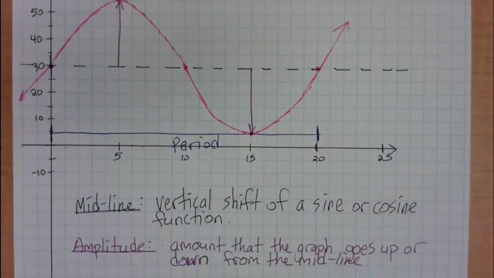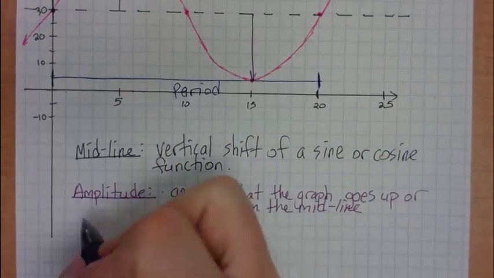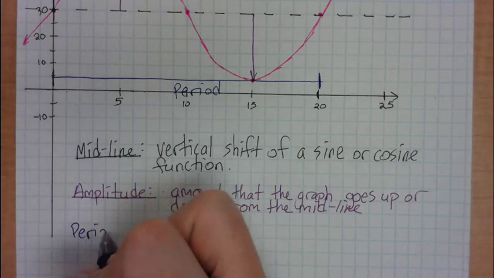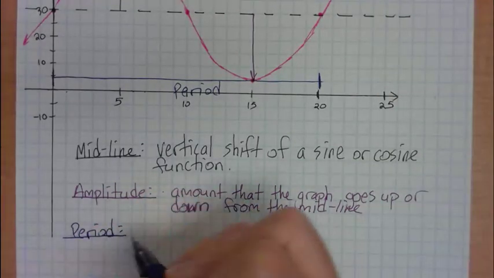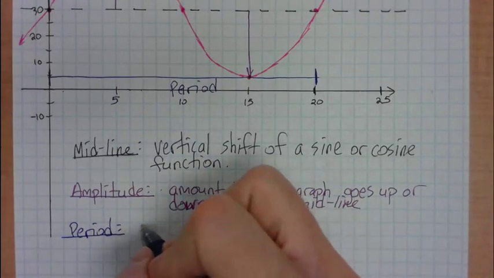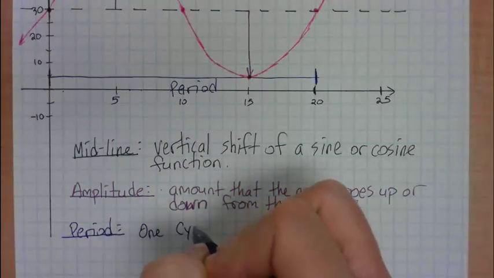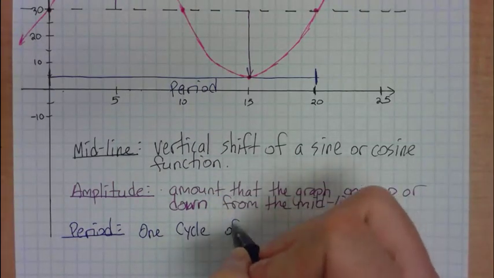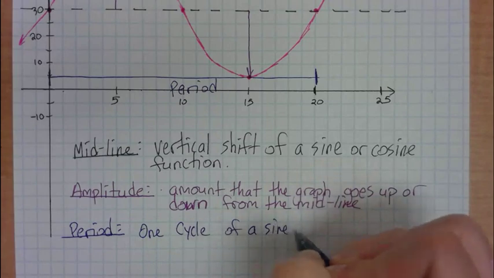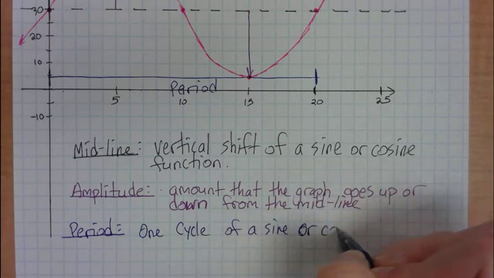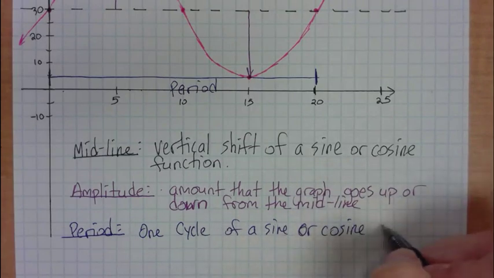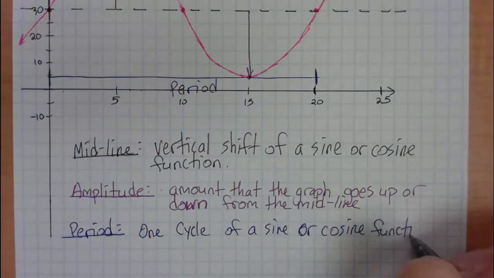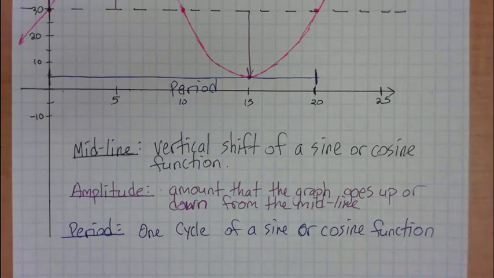So the period is one cycle of a sine or cosine function, one full cycle.